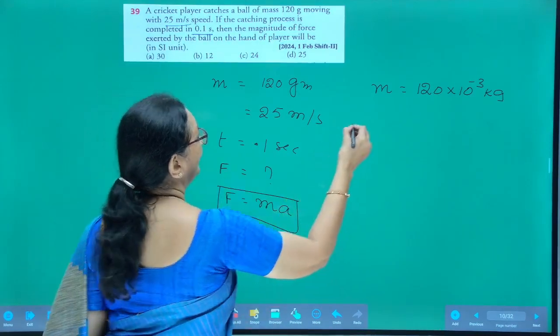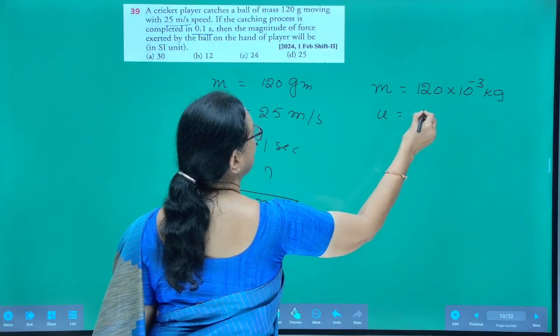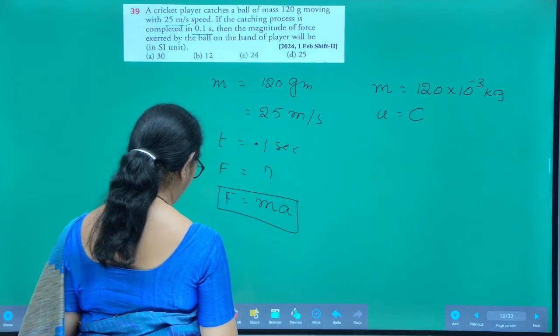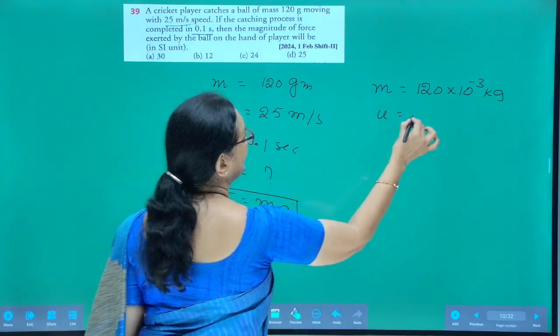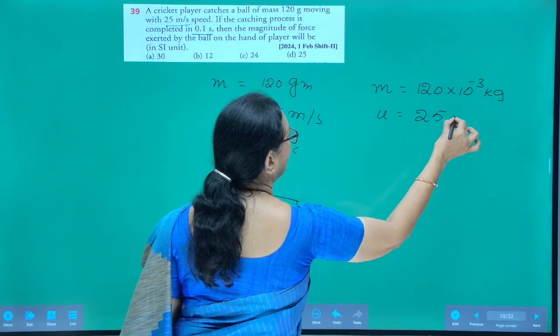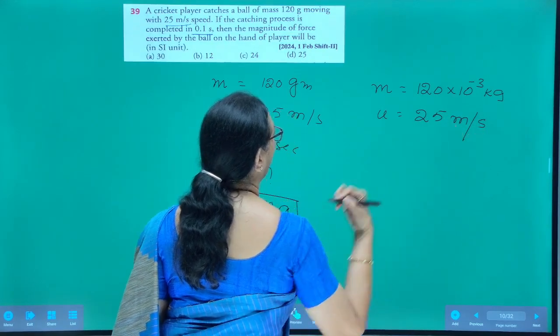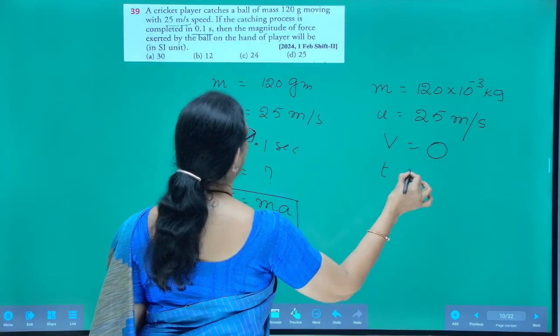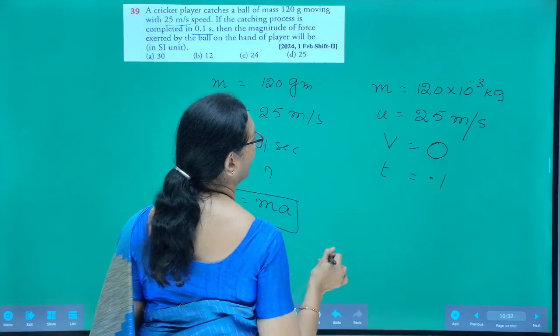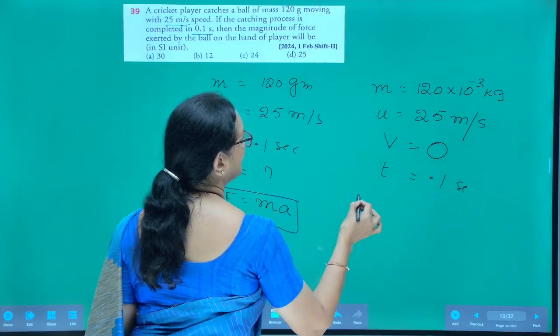And here initial velocity is 25 meter per second. Final velocity is 0. Time of action is 0.1 second.